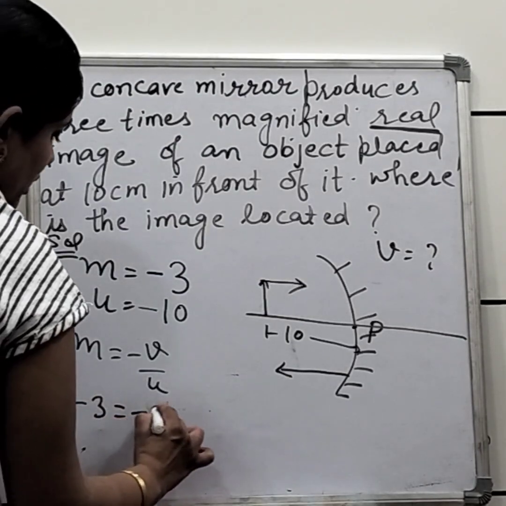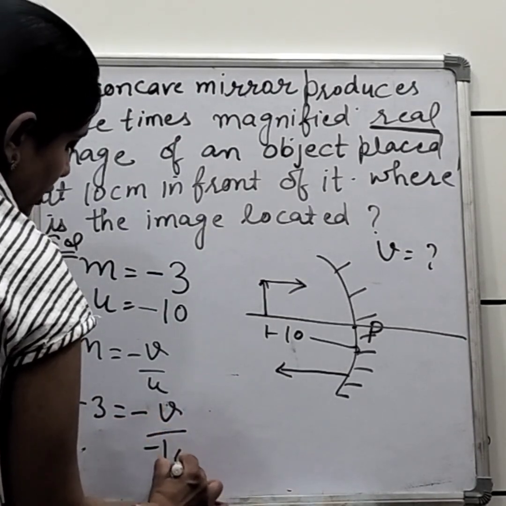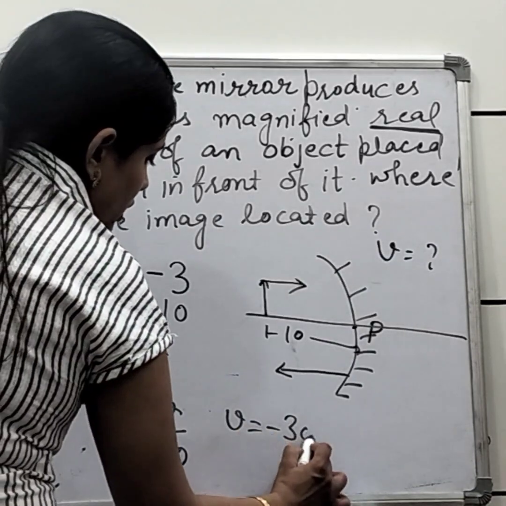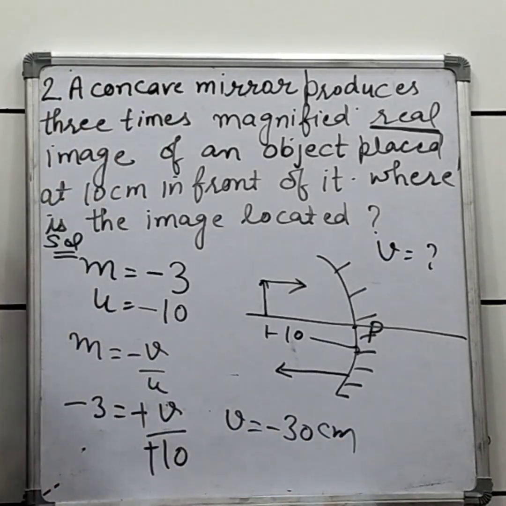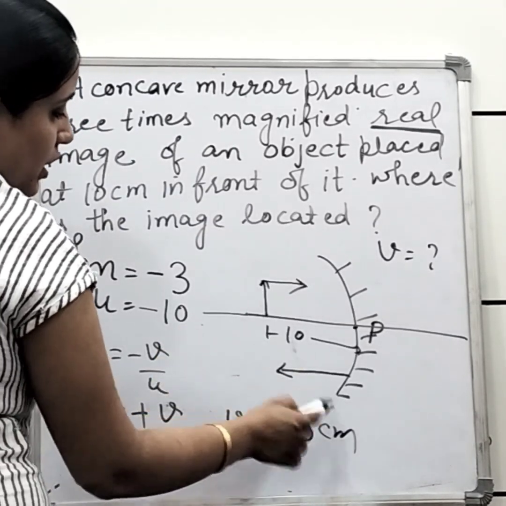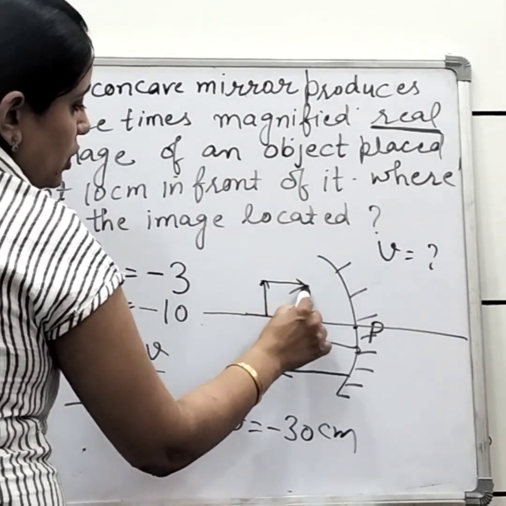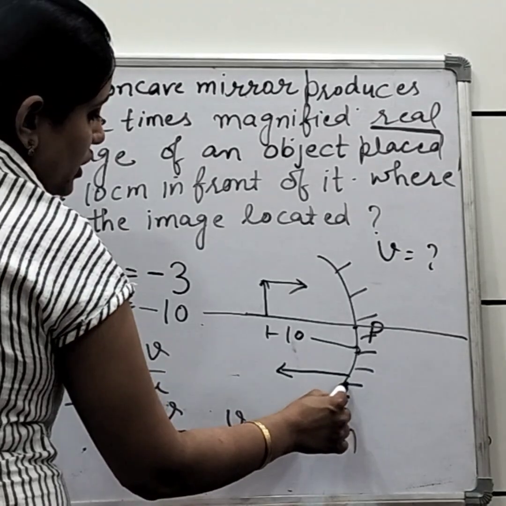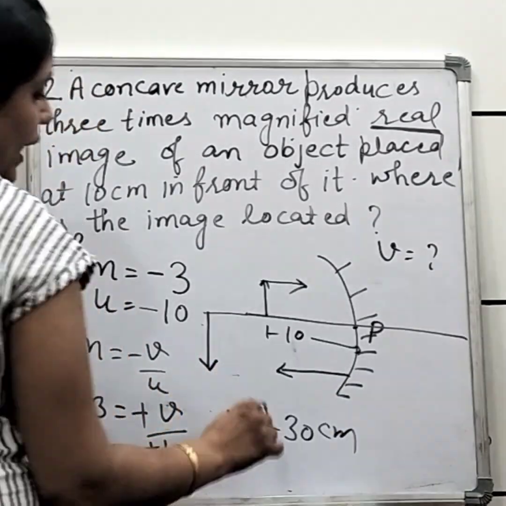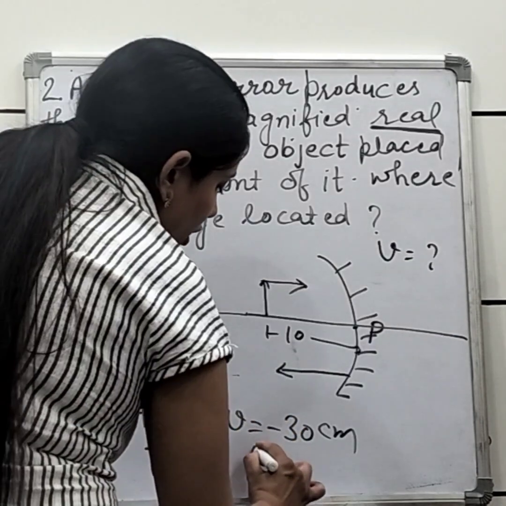Minus 3 is equal to minus v divided by minus 10, so v is equal to minus 30 centimeter. So the image is formed in this direction because the negative sign is there, and the image formed is real and inverted.